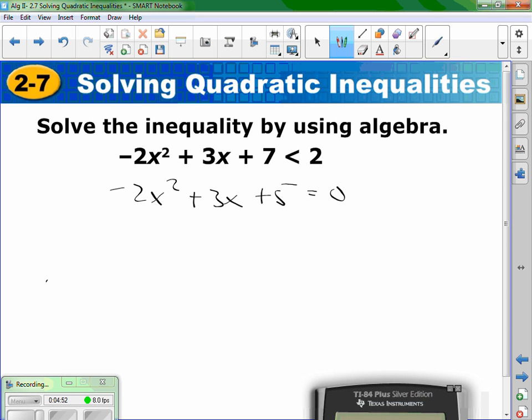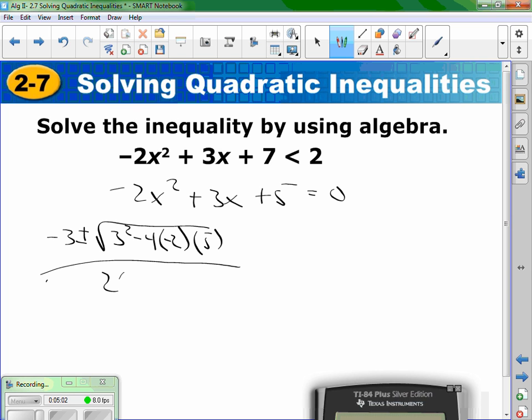Quadratic formula. Negative b plus or minus the square root of b squared minus 4 times a times c, all over 2 times A. Negative 3 plus or minus the square root of something, over negative 4. 3 squared is 9.